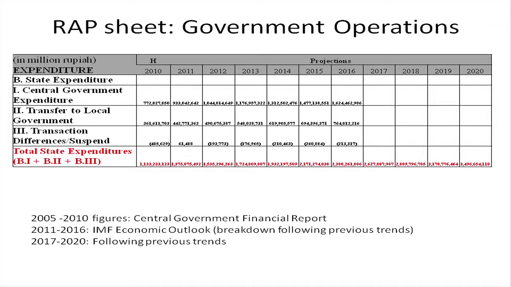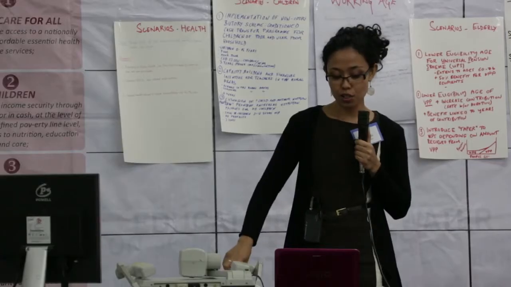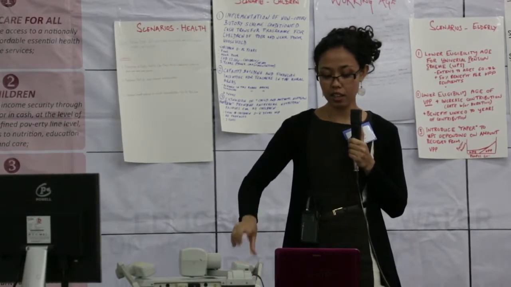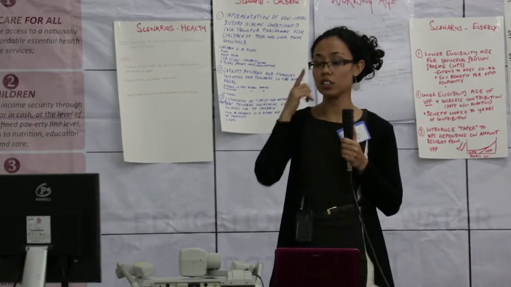Here's the thing. We have historical information from 2005 to 2010, based on the central government financial report. And then we have projection by the IMF up to 2016. But we need information up to 2020. And the projection is only for the total amount, not the breakdown.